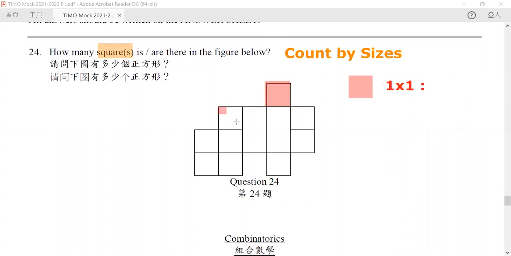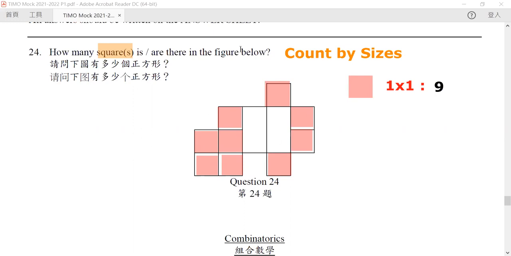There will be 1, 2, 3, 4, 5, 6, 7, 8, and our 9. So there are 9 squares of one by one. Again, 1, 2, 3, 4, 5, 6, 7, 8, 9.